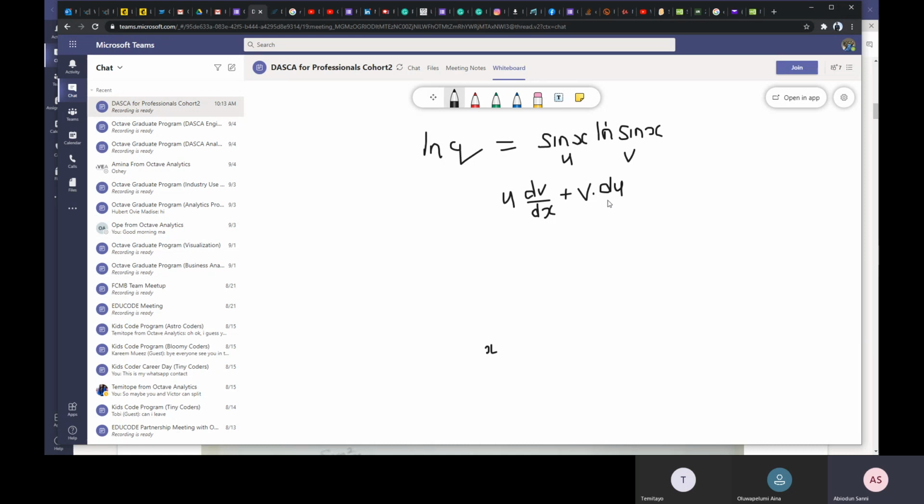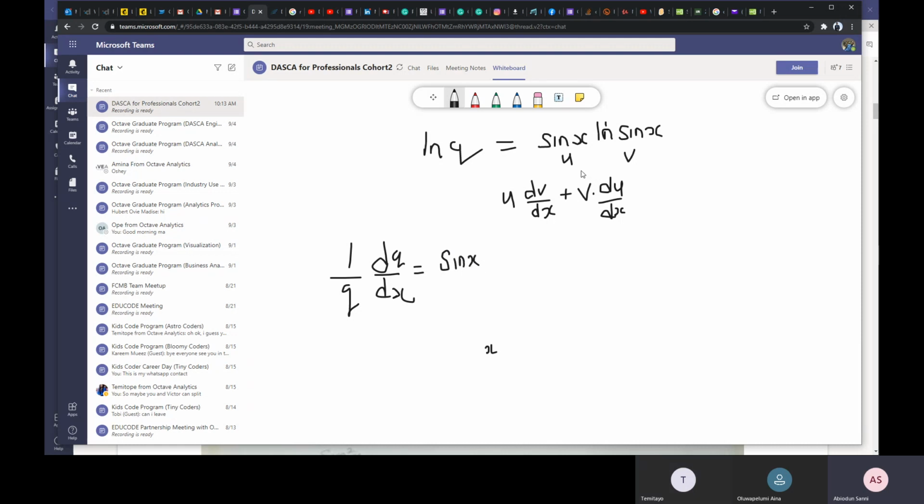Now, I have a reason why I'm doing this, because people get confused. So ln q differentiated is 1 over q dq/dx, which equals what? What's my u? Sin x.